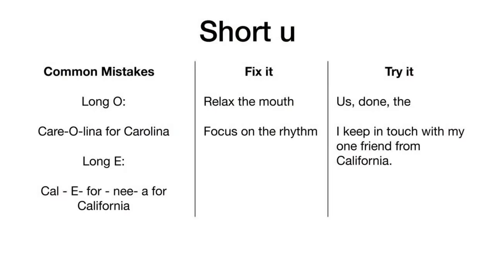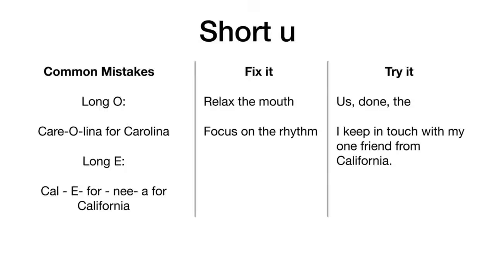Relaxed mouth. And then my big tip here is focus on the rhythm. Just focus on the sound. You can hear me, I am just humming the sounds, humming the words. That really helps a lot of people.